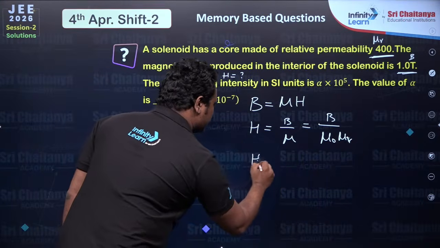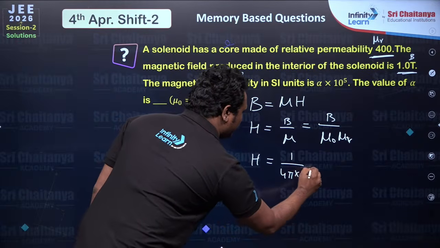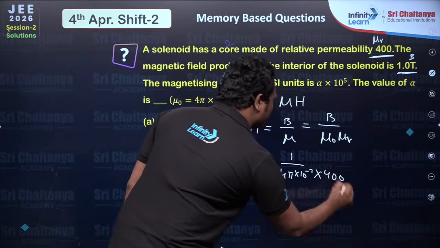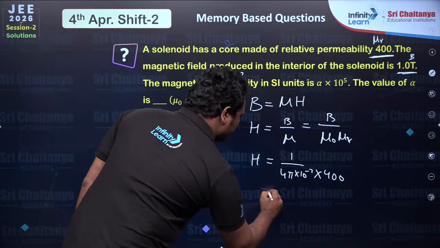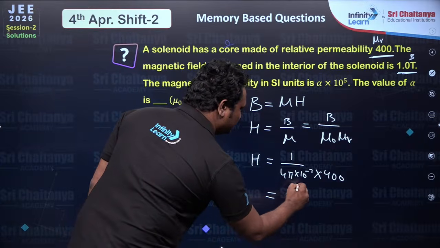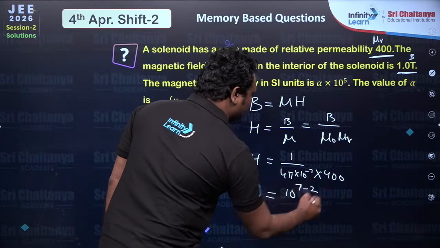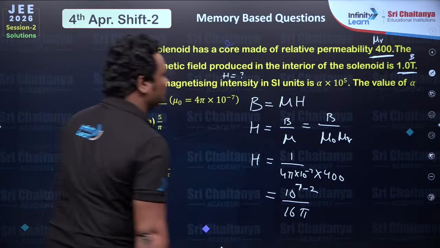So H is equal to B is 1 Tesla, mu naught is 4 pi into 10 power minus 7, and mu r is given as 400. So easily you can say that the answer is 1 by 16 times 10 power 7 minus 2, divided by pi.